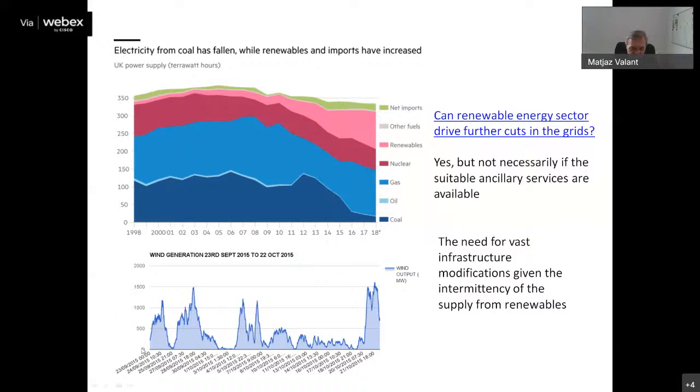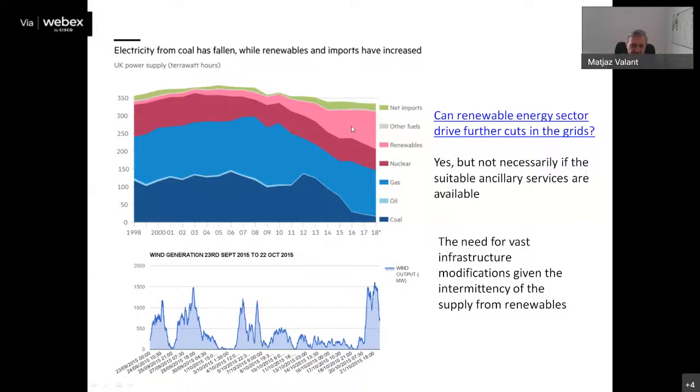This is real power production from wind farms in the UK in this particular time. At some point there can be very high production when the weather is windy, but it can go very sharply down to zero in the next couple of minutes. And we have to compensate for that all the time in the mixture of our grid.